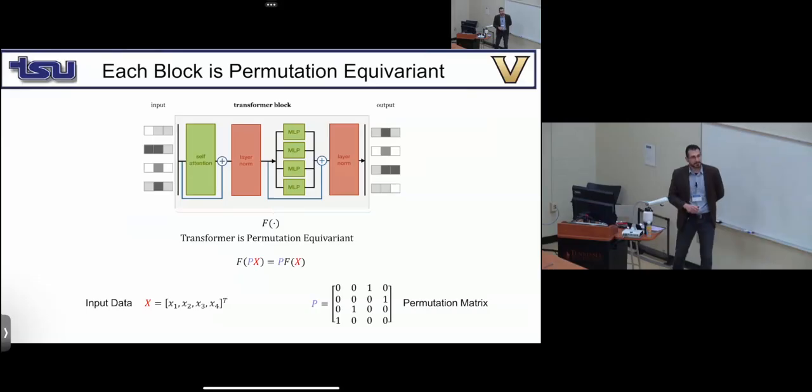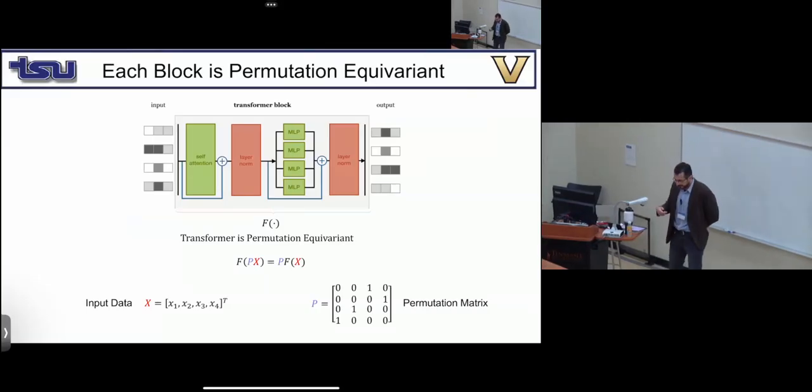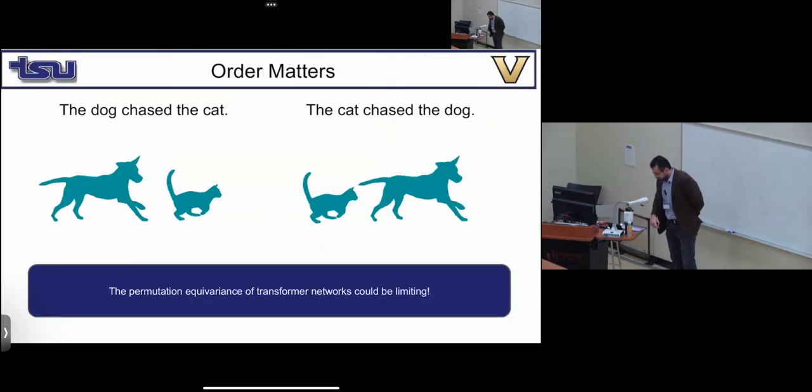Okay, but here is a point that I emphasized several times, that these transformer blocks are permutation equivariant. And there is a problem here. So what is the meaning of permutation equivariant? If you permute the input, the output will get permuted. But we know that there is a different meaning, whether we are in text or images.